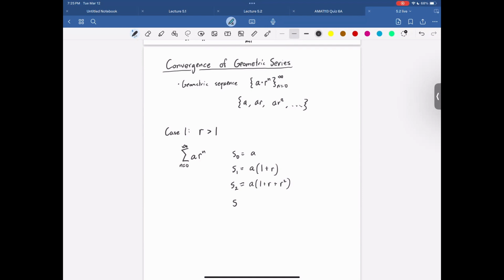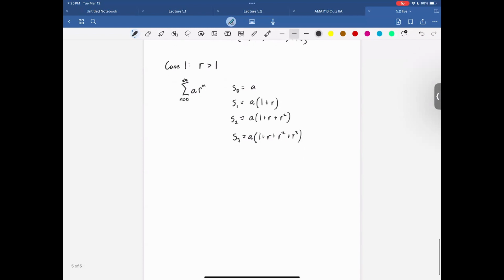And s sub 3, we'll do one more, 1 plus r squared plus r cubed. And in general, s sub n, our nth partial sum, is going to be a times 1 plus r squared all the way up to r^n.